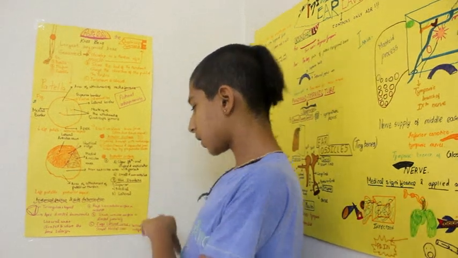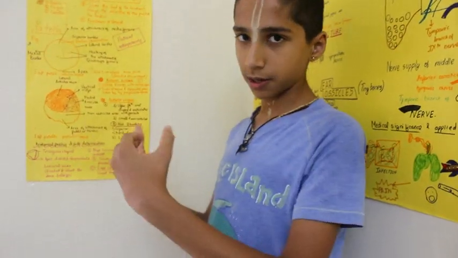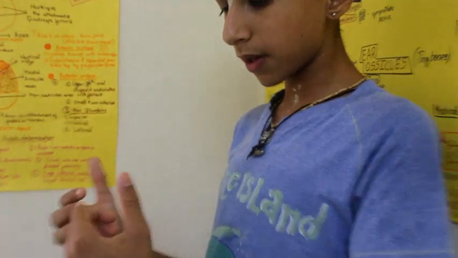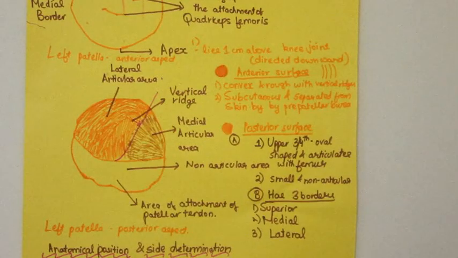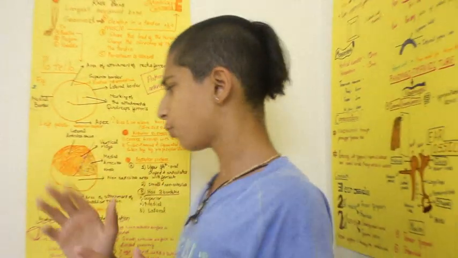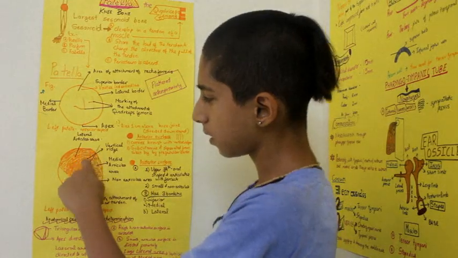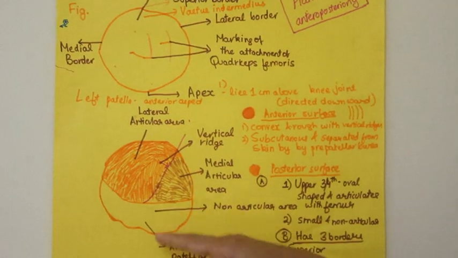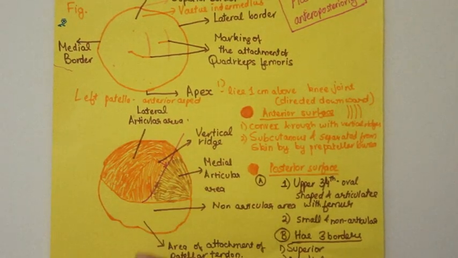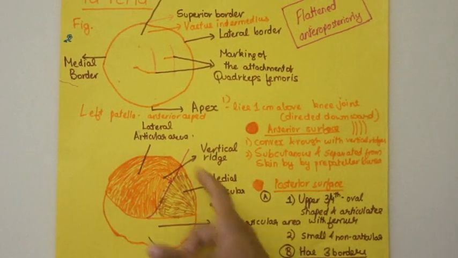The smooth articular surface is directed posteriorly. The lateral area is large and the medial area is relatively small in the posterior area. I have a brown marking on the medial area and an orange marking on the lateral articular area.